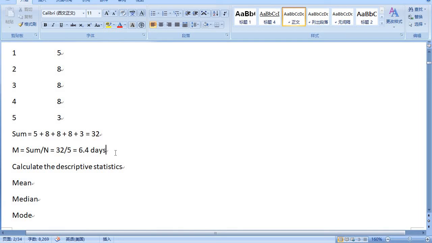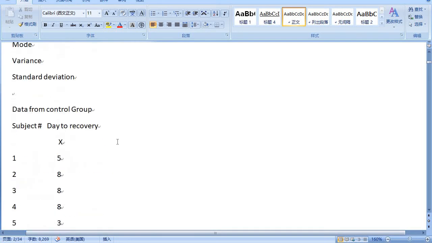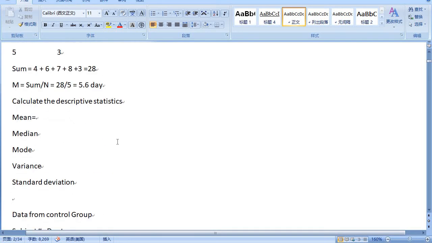I think this difference is caused by my medication. It's because my medication works. That's why the experimental group recovers faster than the control group. This is my opinion, my interpretation of the data.